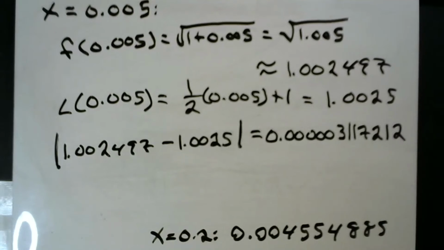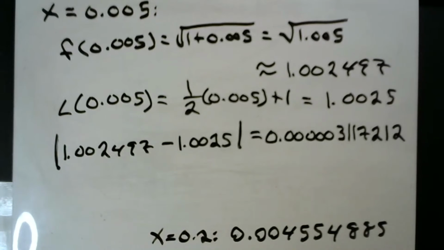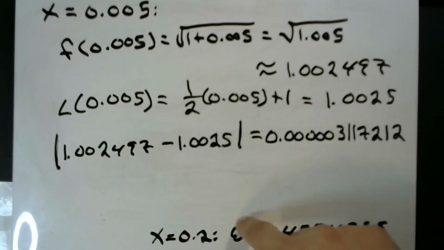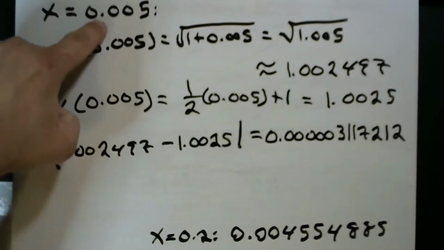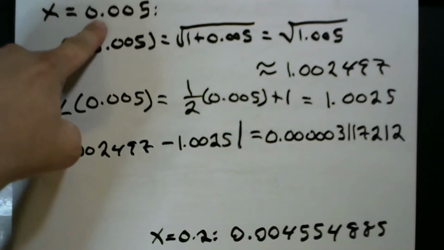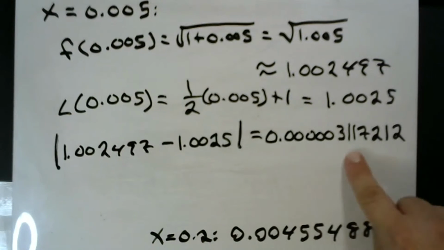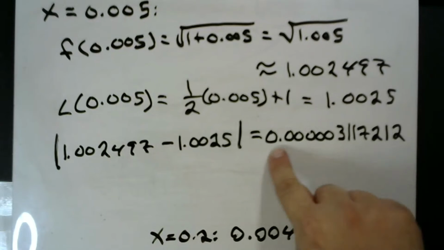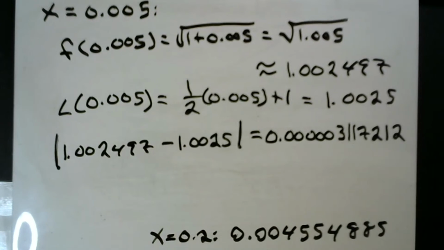So what do we get from this? Well, when x is 0.2 or 2/10, this is how far off our approximation is, this number here. But when x is 5 thousandths, we're off only by this amount, a very tiny number.